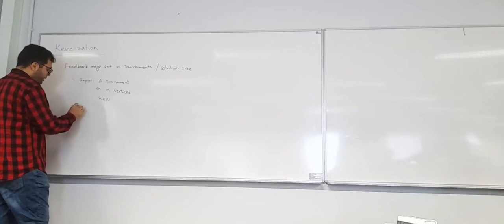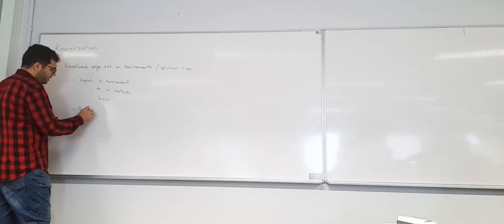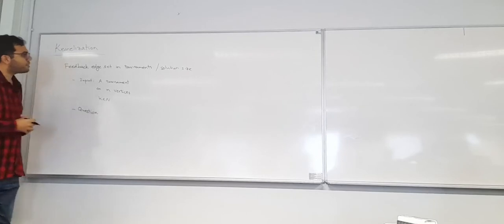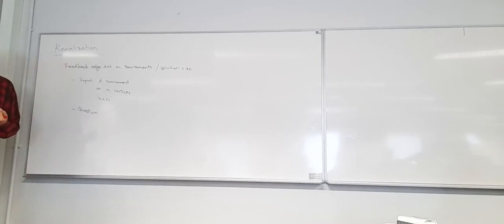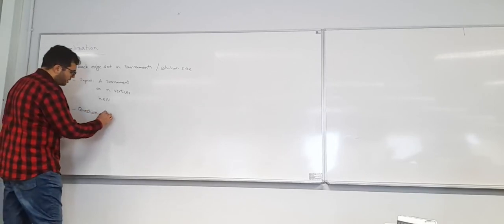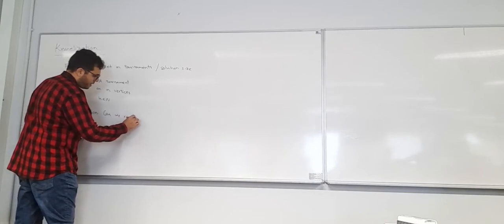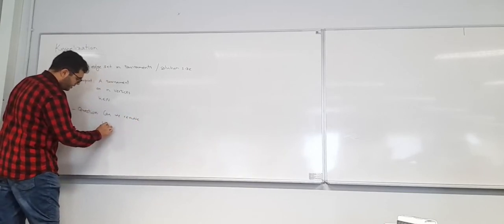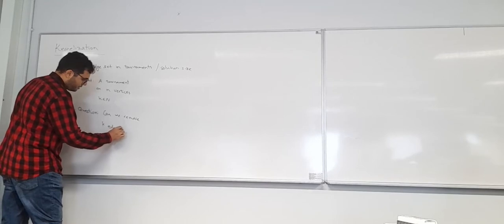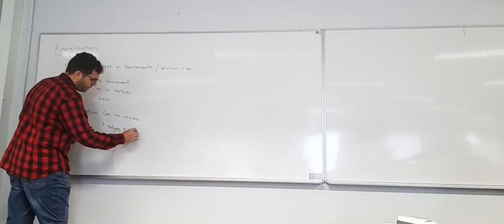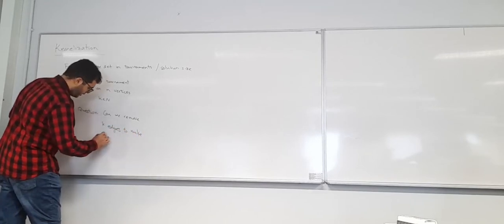And the question that we have to answer is whether we can remove k edges from this tournament so that there are no cycles in the tournament anymore. So can we remove k edges to make G acyclic?